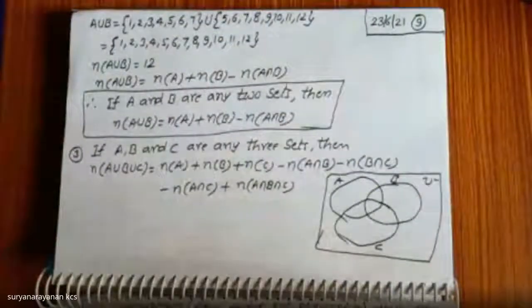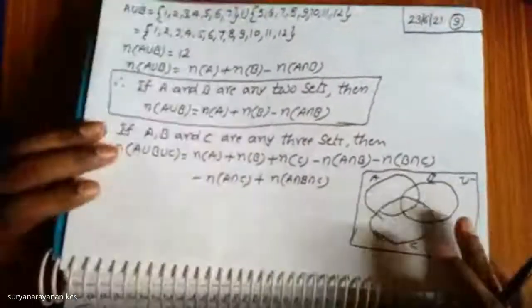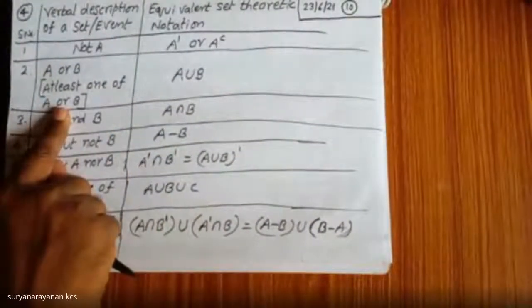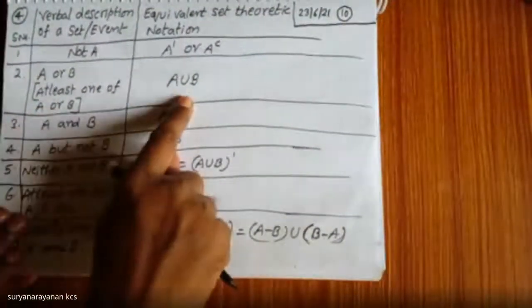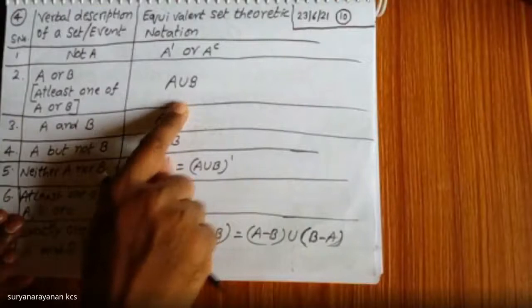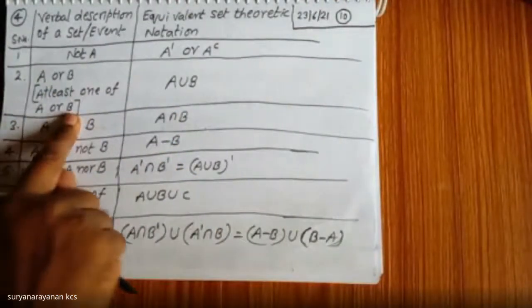See here, previously I told you about at least one of the two, its description and set theoretic notation. At least one of A or B. What should be found here?